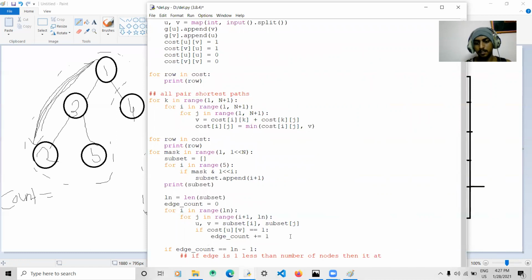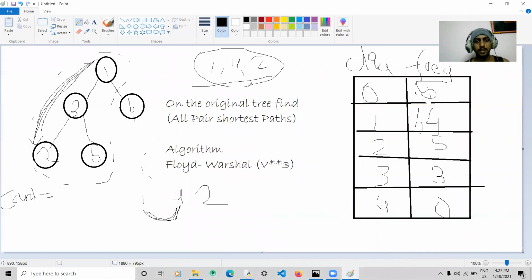By definition. So what would happen is, if you are getting 1, 4, and 2, you will say that the 1 4 edge is 1, cost is 1, so edge count is 1. Between 4 and 2 the minimum distance is 3, so edge count will remain 1. And between 1 and 2, the distance is 2, so edge count will remain 1.